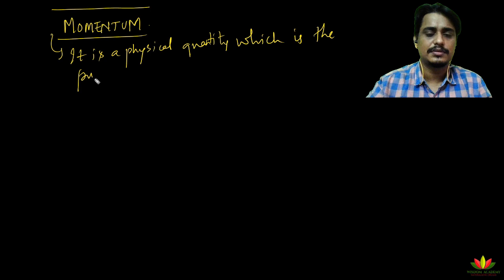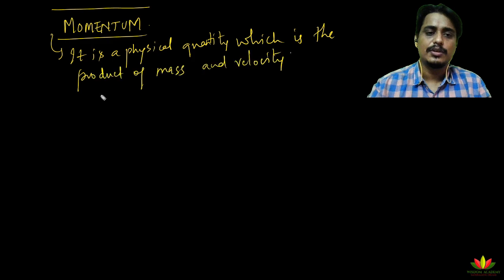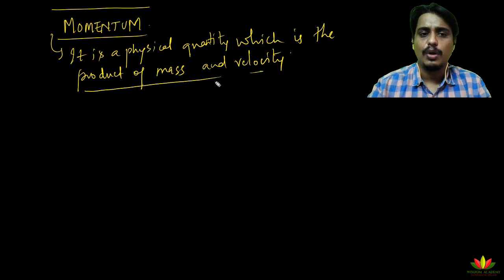So when you multiply mass and velocity, you get a quantity known as momentum. It is denoted by small p. So small p is equal to m into v. So mass into velocity is known as momentum.